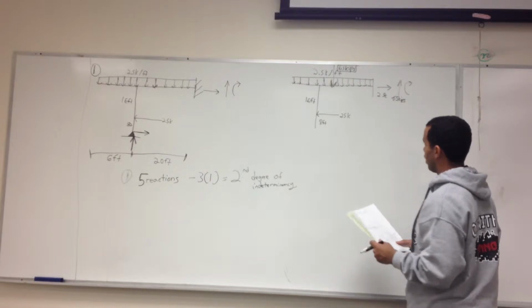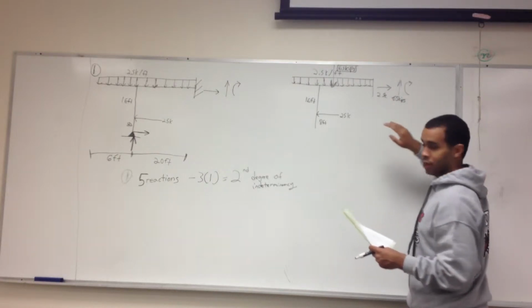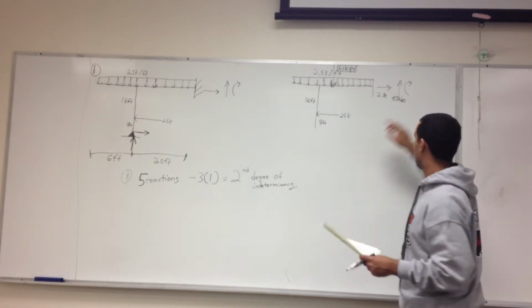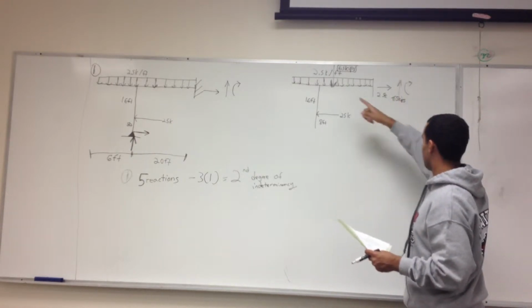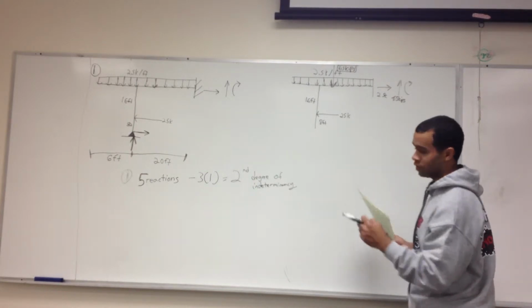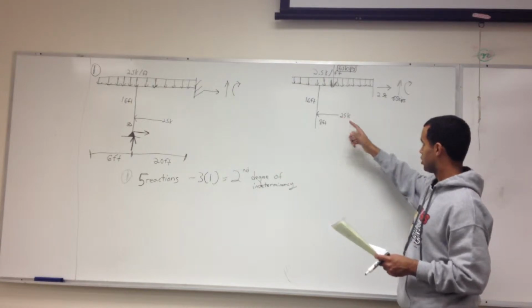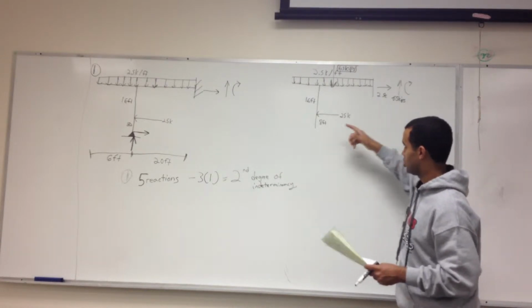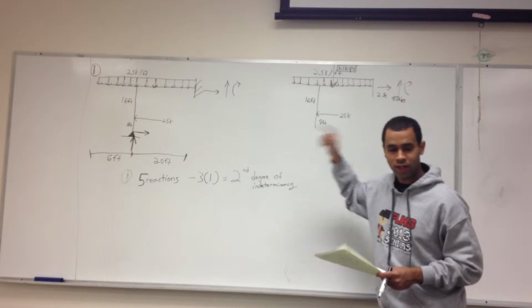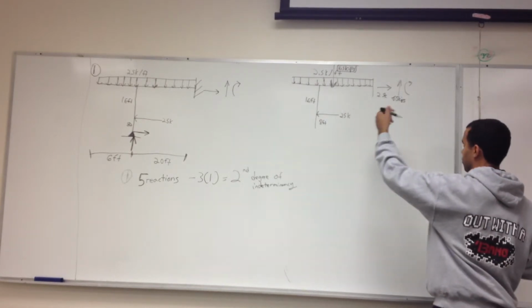we find out our reactions at the fixed support. At the fixed support, we have 3 reactions. We have a moment, we have a shear, and we have a normal force. So to find the normal force, I take the 25 kips, which in this case is acting in the negative direction. We need something to counteract that, so it's going to be acting in the positive direction.